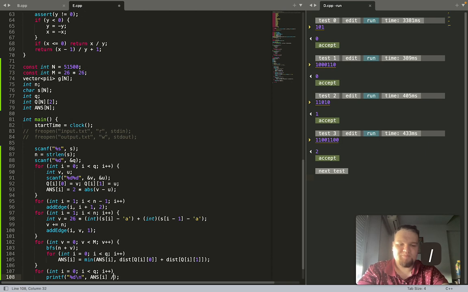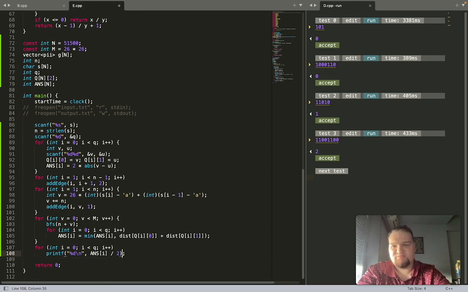And since I multiplied all the distances by 2, I need to print them divided by 2.